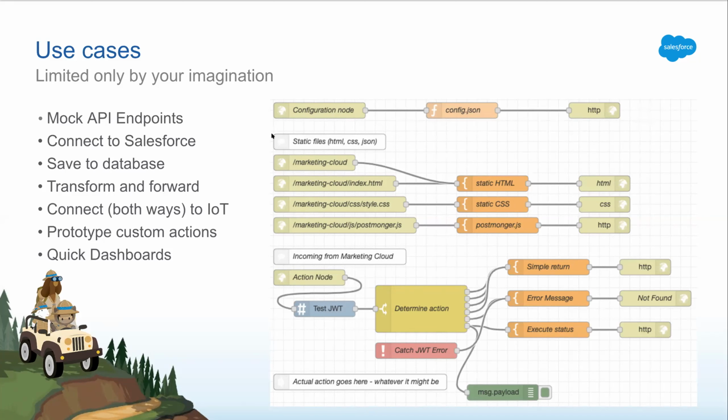Quick dashboards. You've seen how easy it is to create a dashboard and to make real-time data available. The only limitation you have for the whole thing is your imagination, and if you're short of that, watch a few more Barney videos. They sort that out usually.